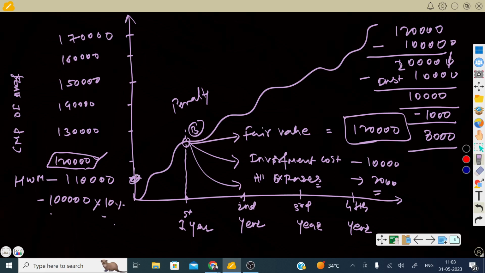That becomes your high watermark, and the fund already achieved it. So the fund will charge 20% incentive fees on 8,000. Calculate it: that becomes 1600. So 1600 you need to pay to the general partners, and the remaining 6,400 you can split.